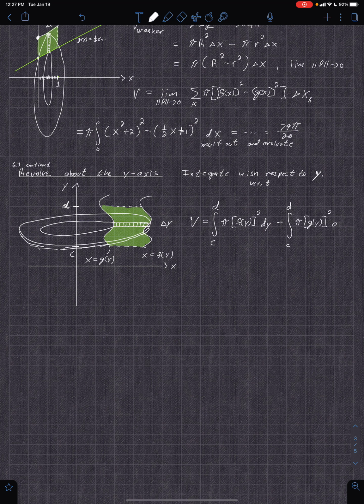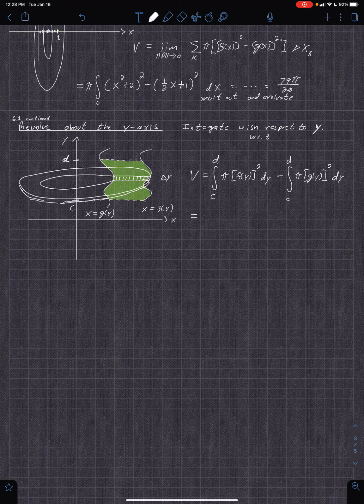And you can rearrange and simplify that a little bit. When you set this up, I want you to at least go to here, so you know what the large one is minus the small one. We can think of this as a formula, and you can go to it eventually, but in your mind the setup is what's most important, not the formula. So you get pi times the integral from c to d, so you just factor out pi in each one.